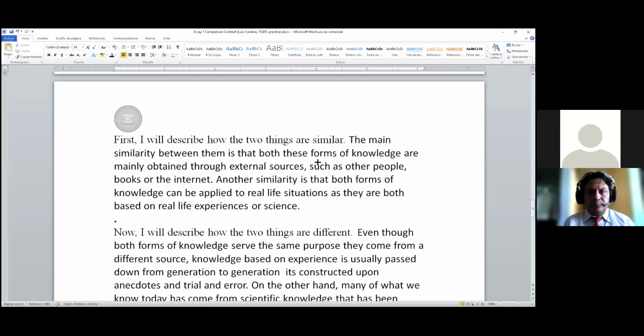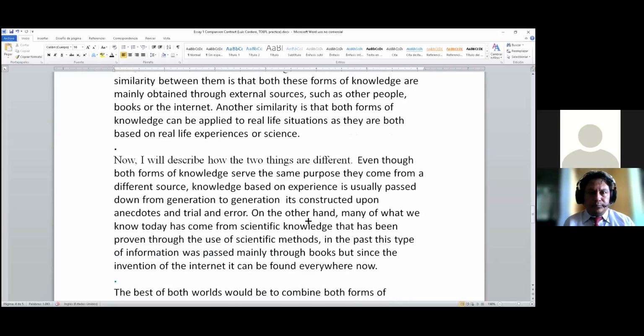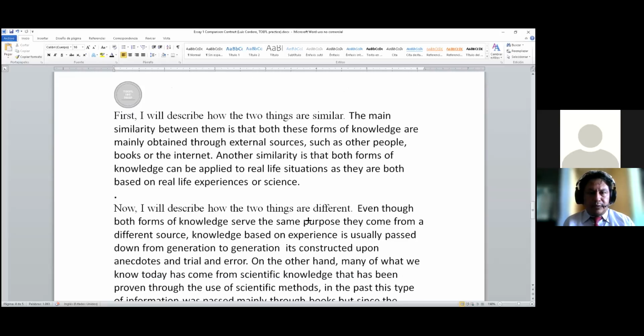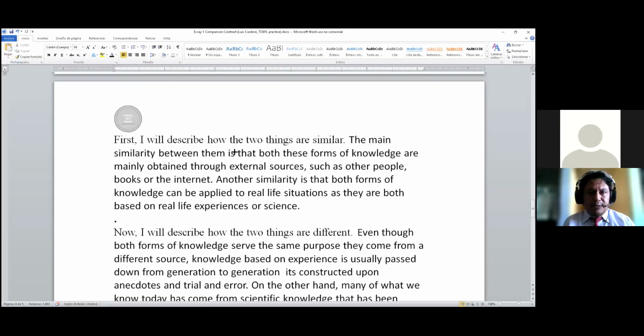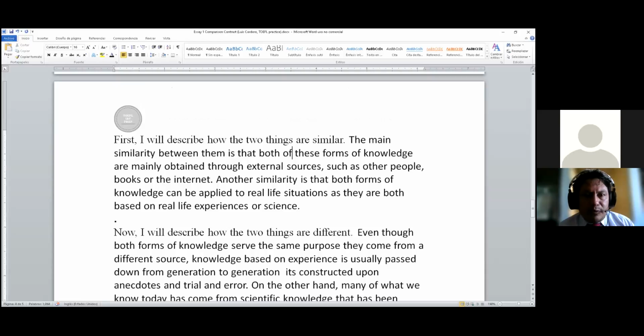On the second line, the main similarity between them is that both of these forms of knowledge are mainly obtained through external sources, such as other people, books and the internet. Remember, when you refer to the Internet, it should be capitalized, since Internet is a name.